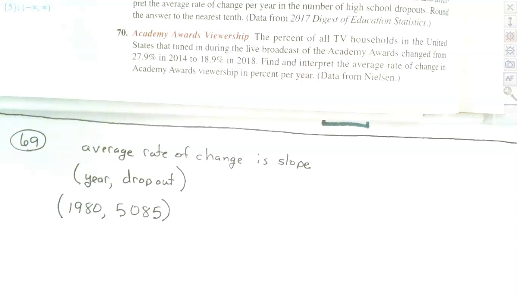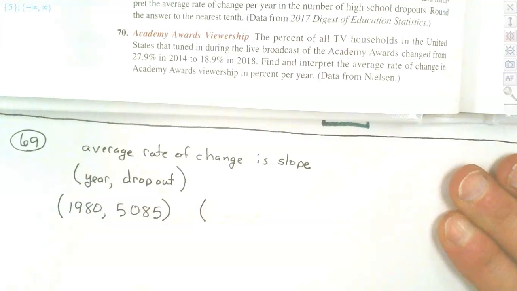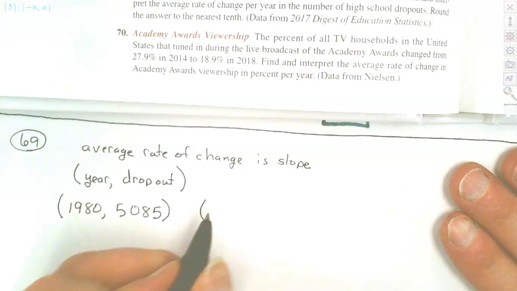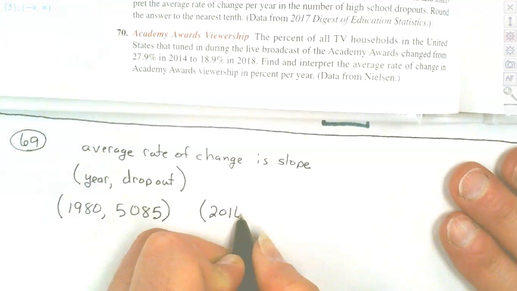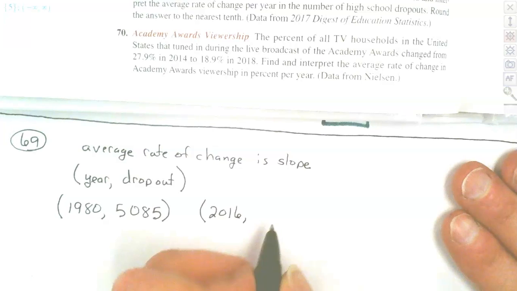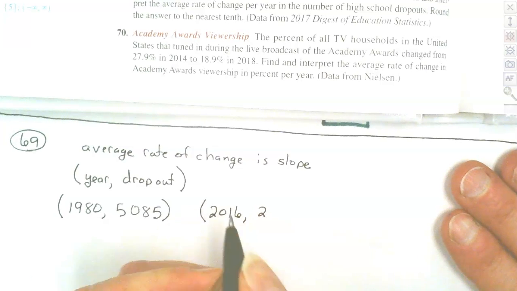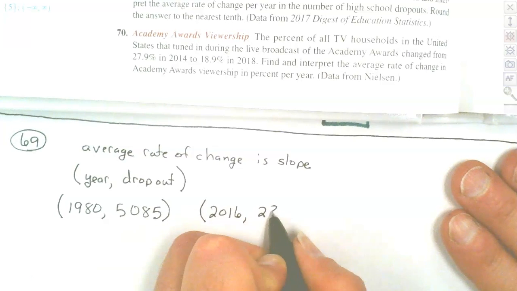In this case, we're looking at the time and the number of dropouts. So dropouts is going to be the y. Time in this case is in years. That's your x value. What about in 2016? Well, in 2016, the dropout rate had fallen to 2,334,000.